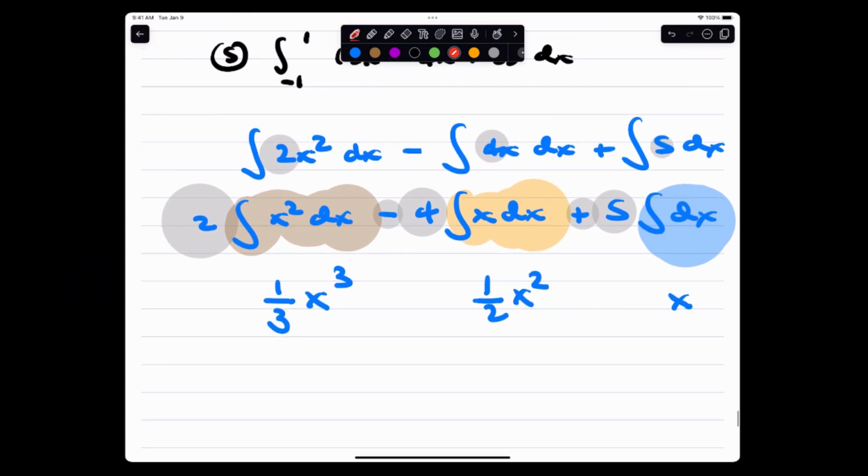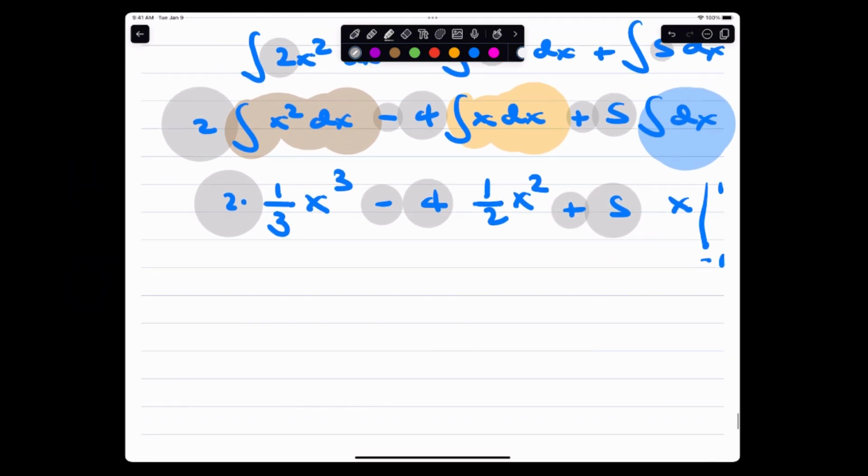Okay, so don't forget you have what? The constants, okay? So I'm going to put that here. And then now all together, you could just simplify. You say 2/3 now, right? X cubed minus, this will be 2x squared plus 5x.